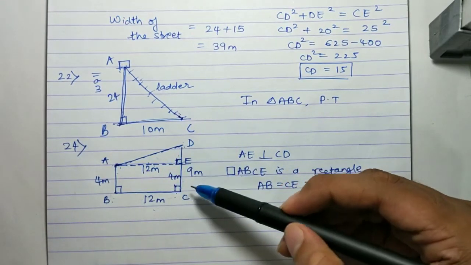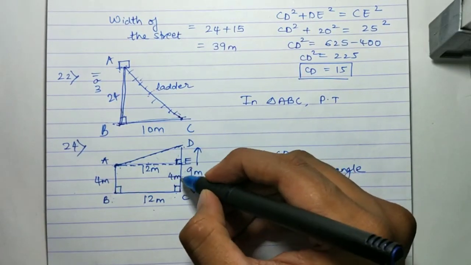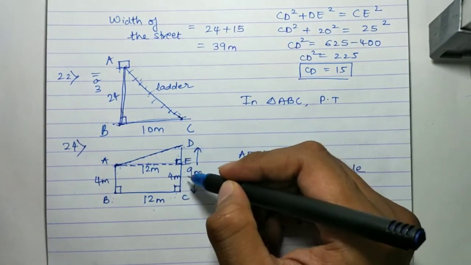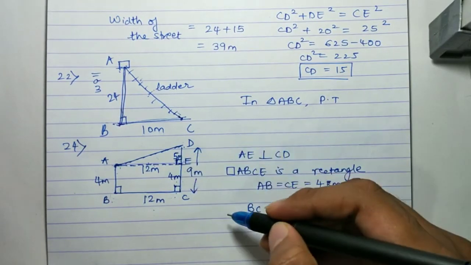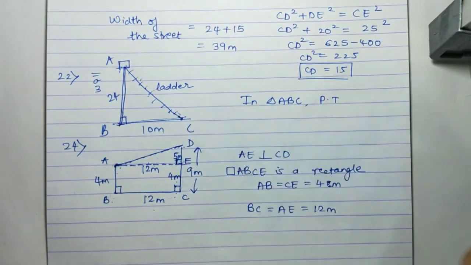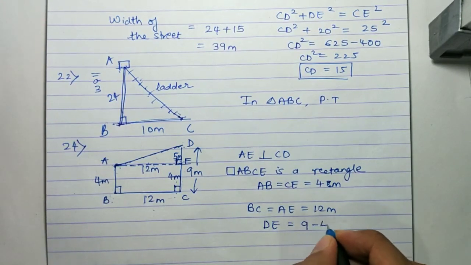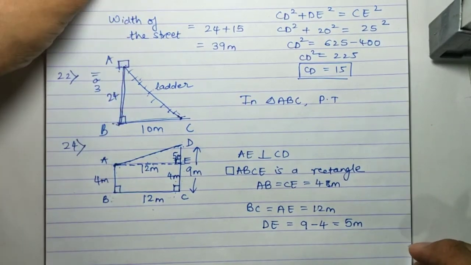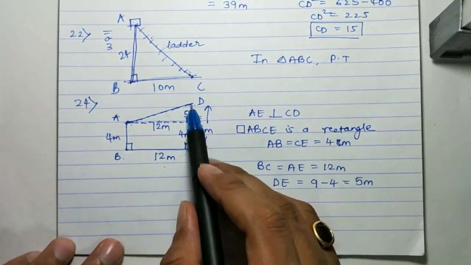Okay, if this full side is 9 meters and this small side CE is 4 meters, then DE will be 9 minus 4, 5 meters. Okay, see, this whole is 9, this much is 4, so this will be 5. Okay, so DE is 5 meters.